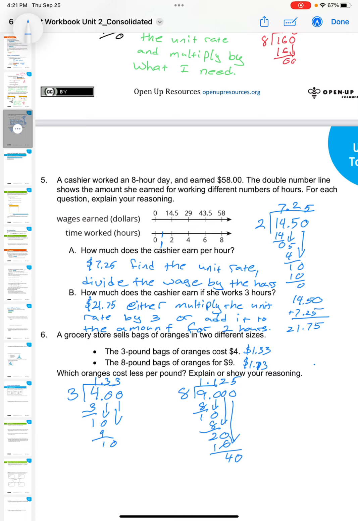And so the 8-pound bag costs less per pound by 20 cents.